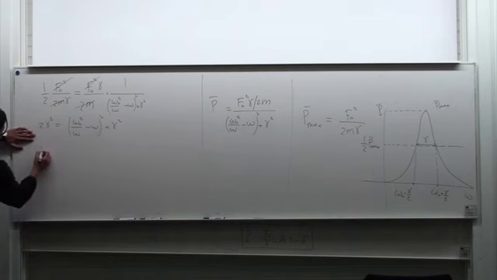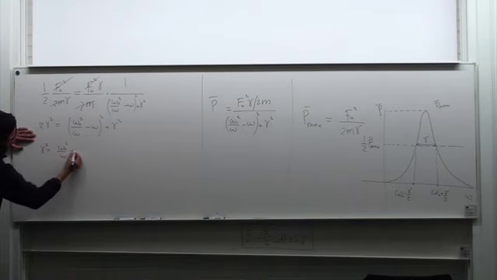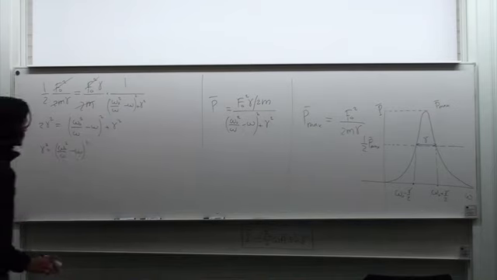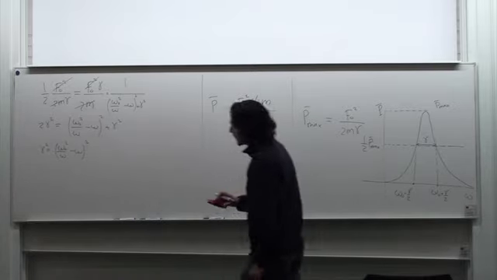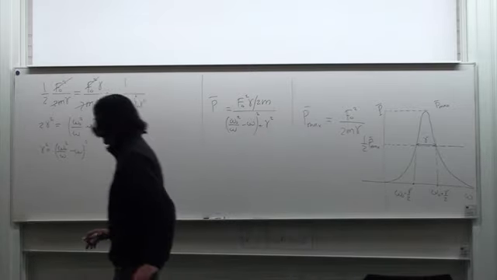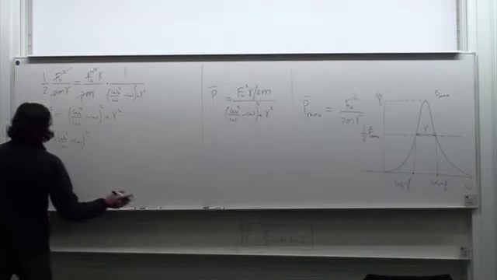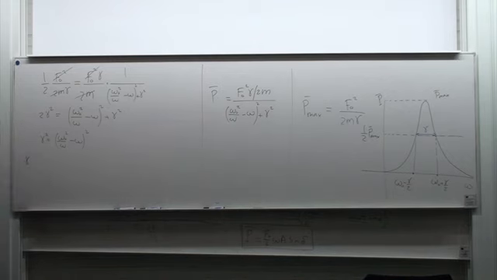So we have gamma squared equals omega 0 squared over omega minus omega 0, all squared. Almost there. We know gamma is positive.